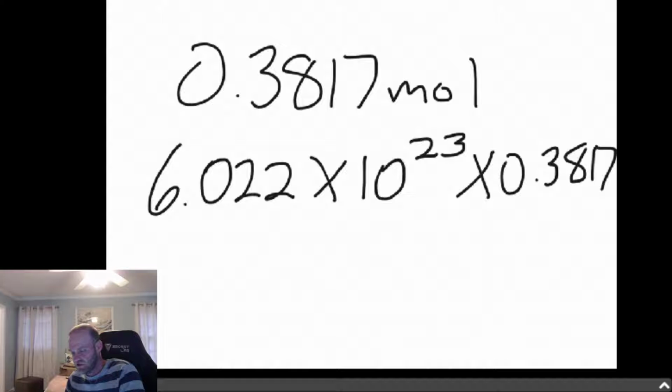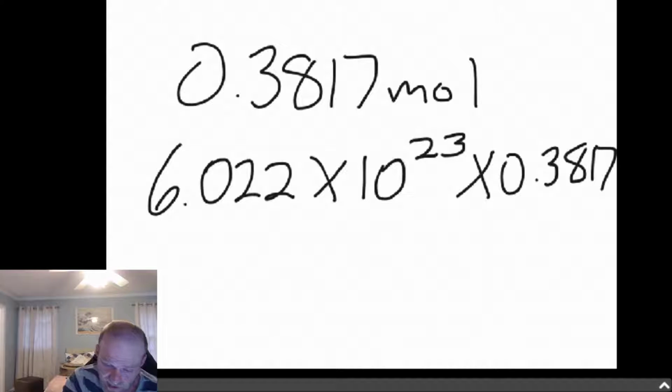So let's do that math. It is 6.022 times 10 to the power 23, and then all that times 0.3817 equals.